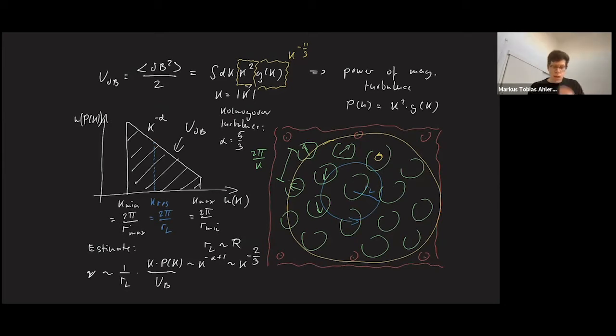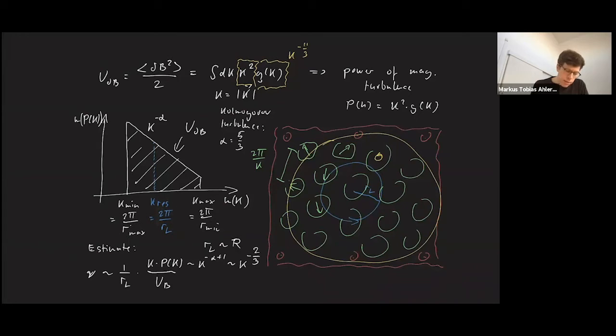But now the k that I'm singling out in my power law is actually 2 pi divided by the Larmor radius, and the Larmor radius itself is proportional to the rigidity of the particle.